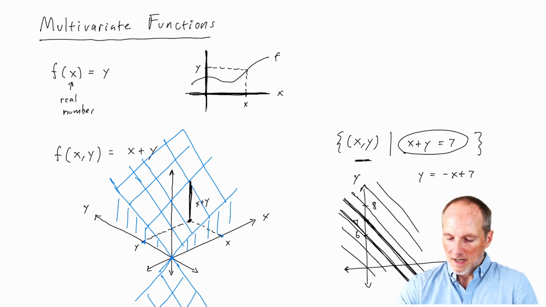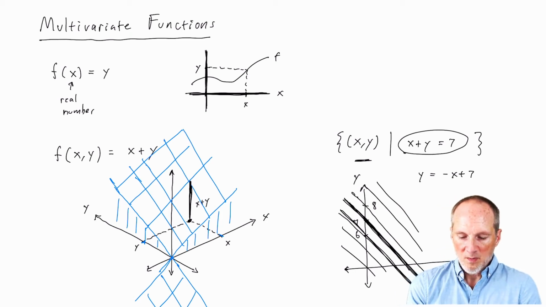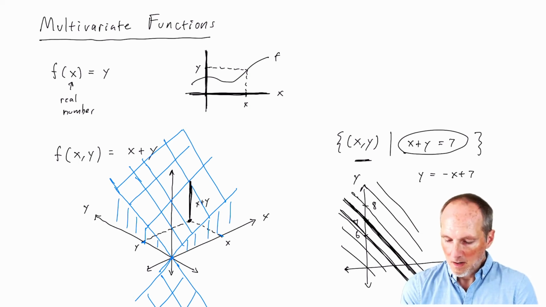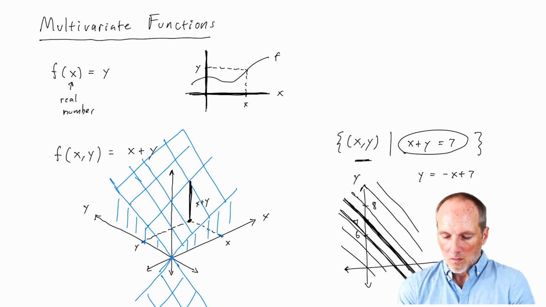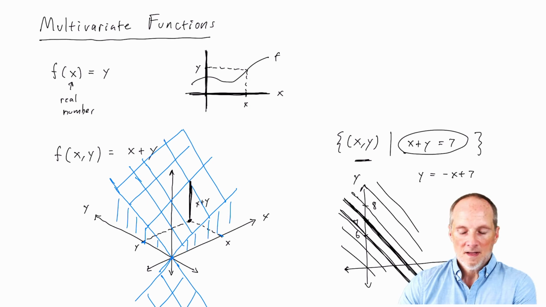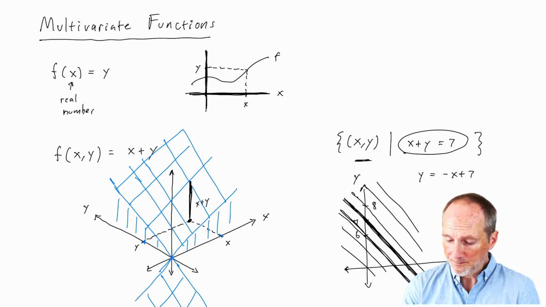Okay, and that's what we have here. The set of points where the function takes a value of 7, well, that would be the set of coordinates where the altitude of that ramp is 7. So this topographical map idea, it's actually much easier to draw or represent functions in that way. And so that's something that we'll do quite a bit.